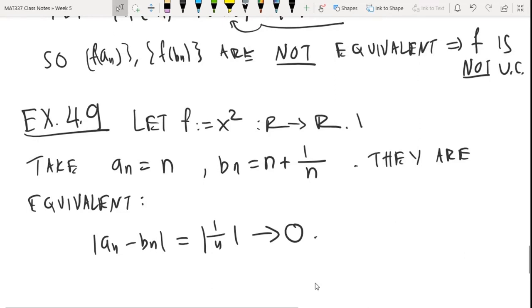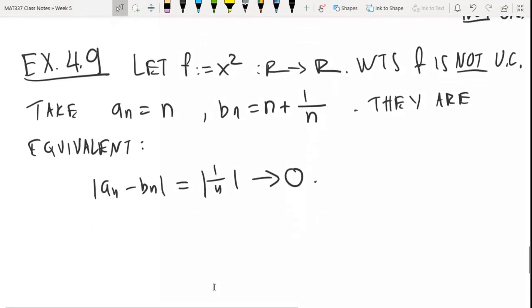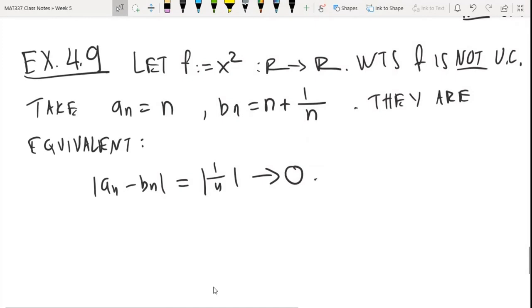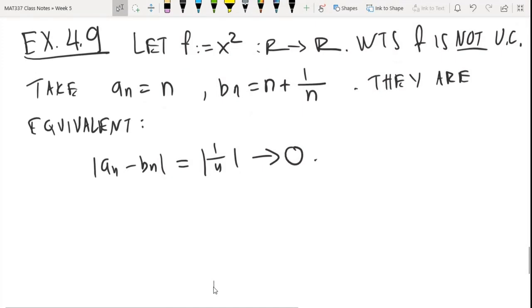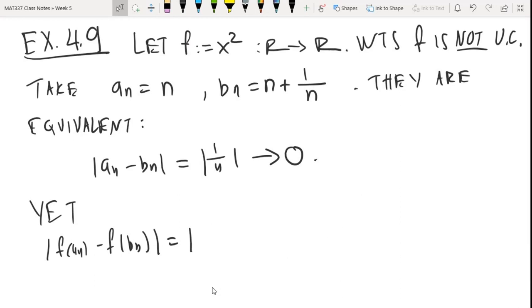But yeah, I want to show f is not UC. Right, so yet f of an minus f of bn is equal to what? So it is n squared minus n squared minus 2, minus 1 over n squared.